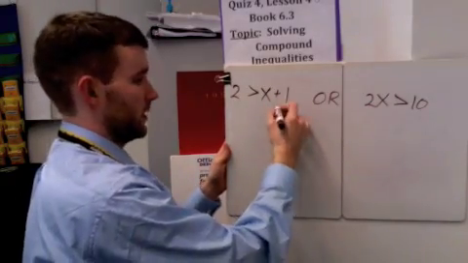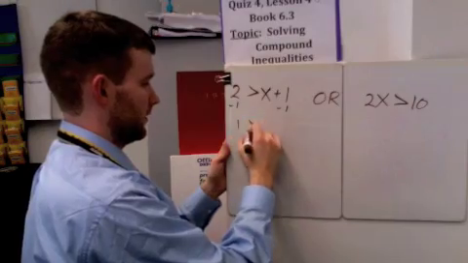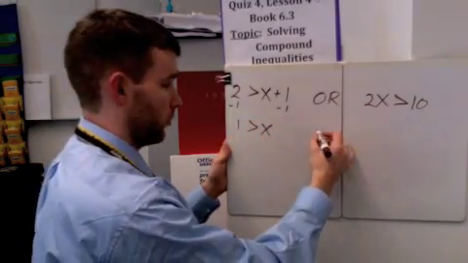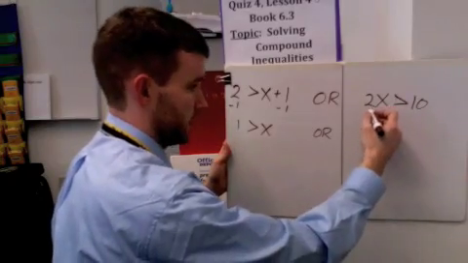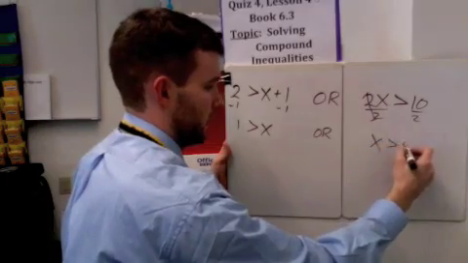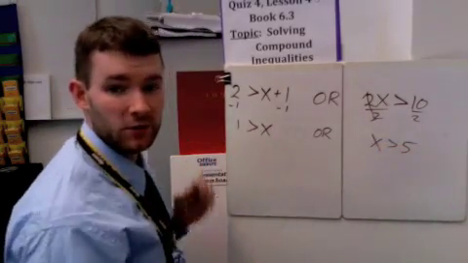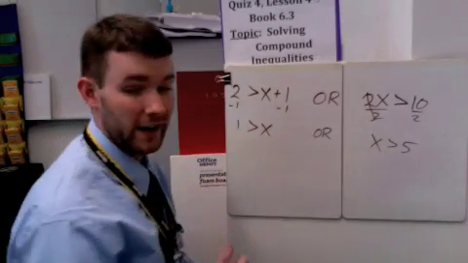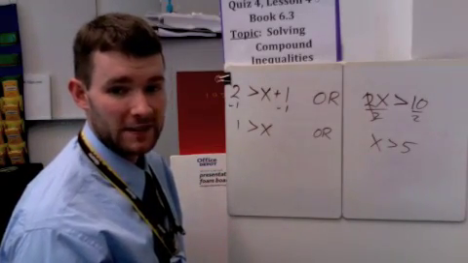So I would say for this one, I subtract 1 from each side. I get x is less than 1, or, and then for this one, I divide each side by 2. x is greater than 5. And so that's my solution for an "or" problem. And of course, I could graph that how we just practiced as well. And that's the end of lesson 4.